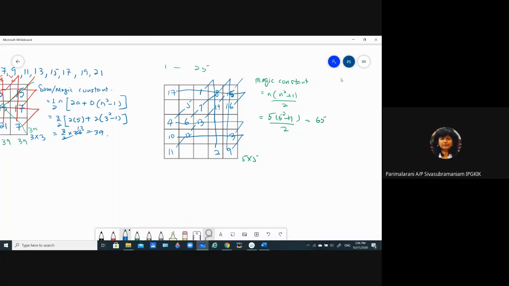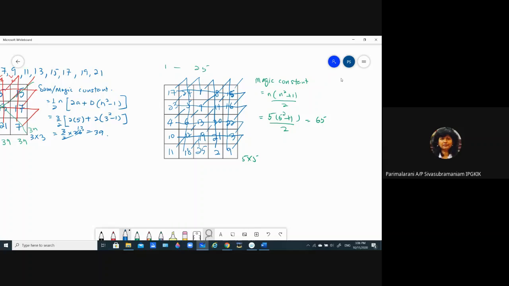Okay. 17 go up, come down here, 18. 18, 19, 20. 20 cannot go here, got number, so 21. 21, 22. 22 go right to the end, 23. 23, 24, go up here, come down here, 25.